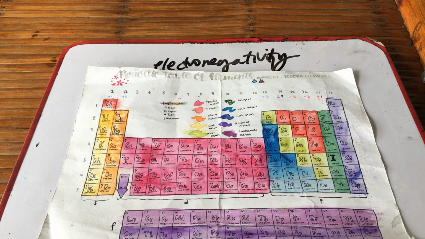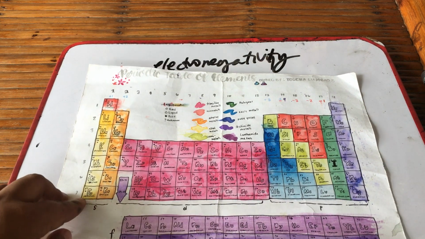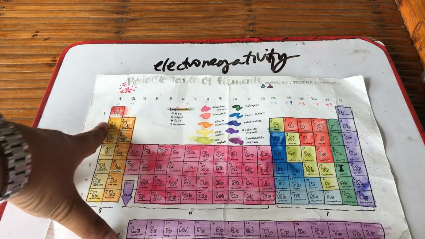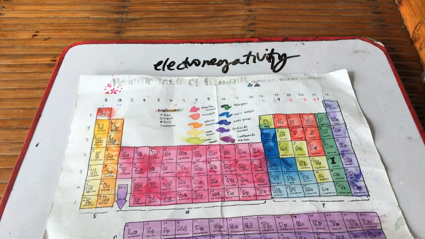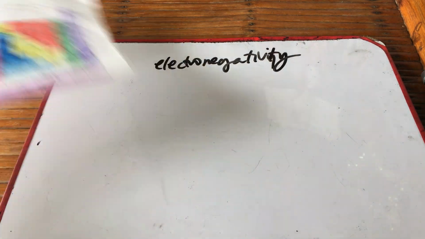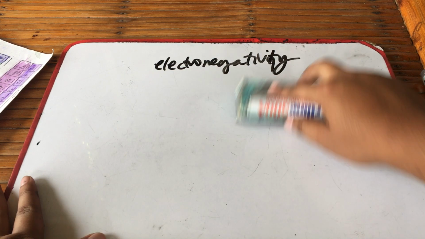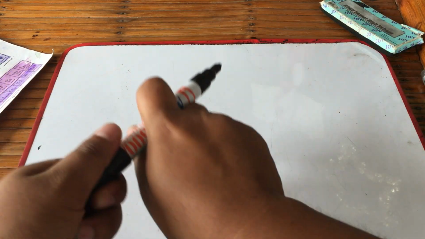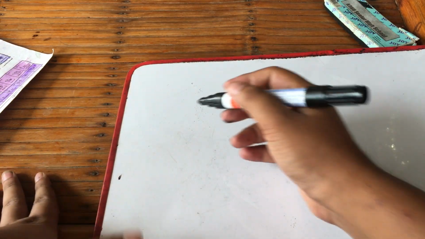Electronegativity trend would be from top to bottom, from bottom to top, and then left to right. So that's the ability to either release an electron or gain an electron. So let's summarize the trend. Let's simplify the different trends.